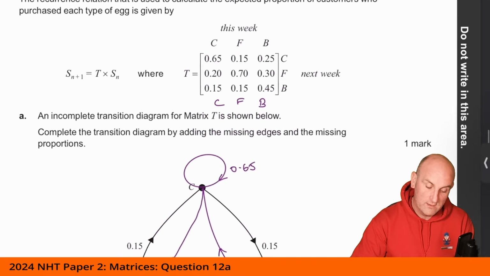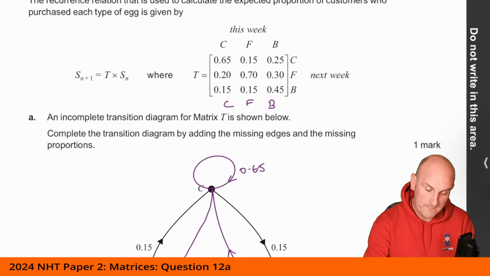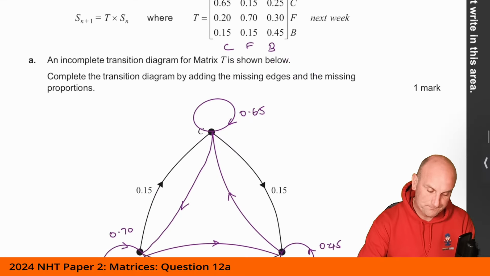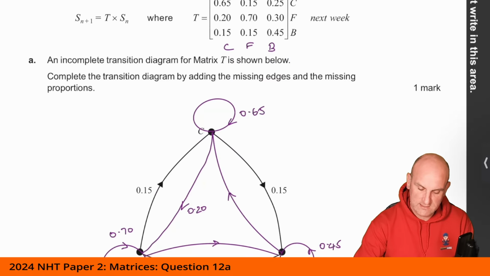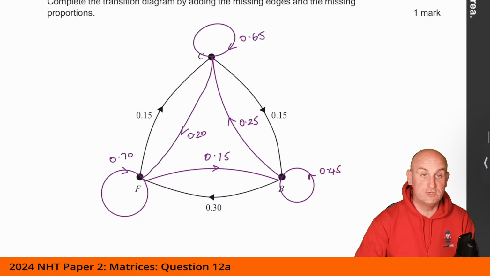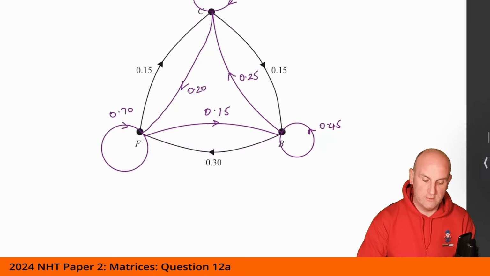C to F was given as 0.20. B to C gives me 0.25. And ultimately, when we read off the diagram, that's 0.15. That was one mark, and you had to show all of that information on there.